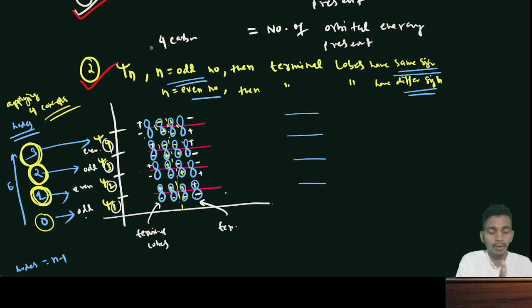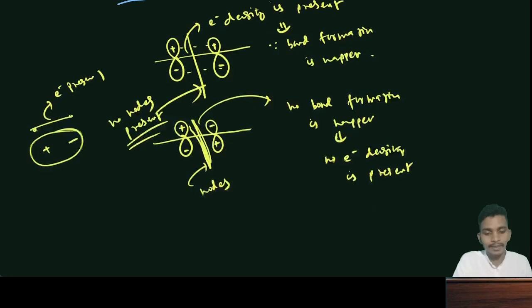You know the HOMO and LUMO concepts. Only frontier orbitals participate in the reactions.